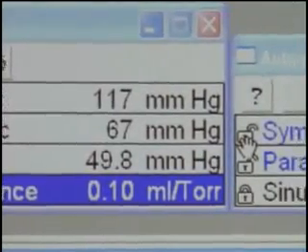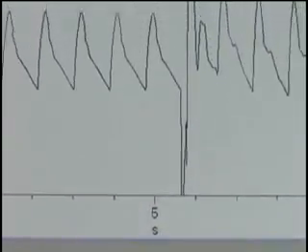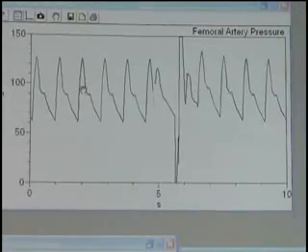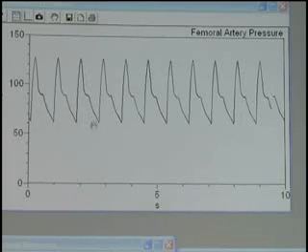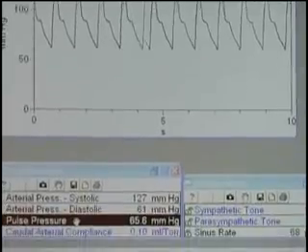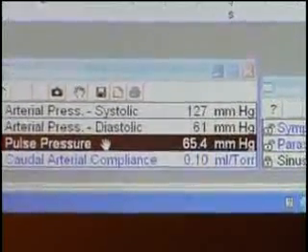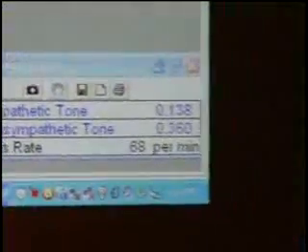And as I do that, you'll notice that now, just qualitatively, visually, you can see that this pressure is spiking higher and changing more. If we now look down in the data display, you can see how much. It was about 50 before. It's now 65 millimeters of mercury. So what does that mean? That means that now when the heart ejects into this stiffer aorta, the pressure naturally rises more.